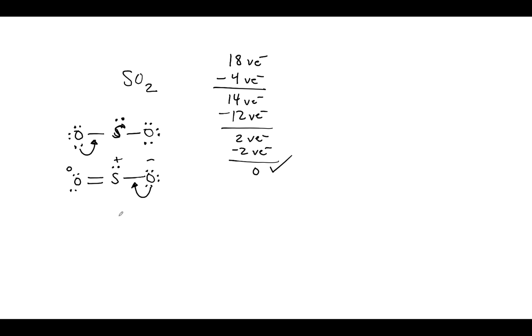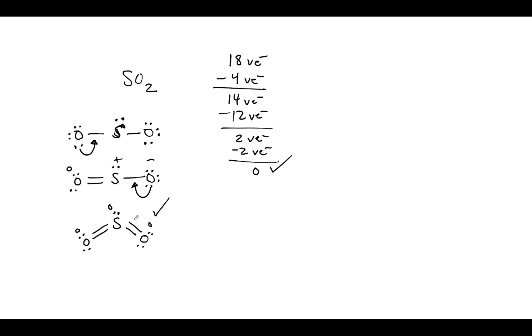So what we can do is move this pair of electrons over here and make another double bond. And if we do that, I'm going to start drawing this out a little bit more in a geometrically reasonable way, right? We get something like this. And notice now all of our formal charges are 0. Okay, so this is the optimized structure. So in this optimized structure, our average SO bond length is double, right?